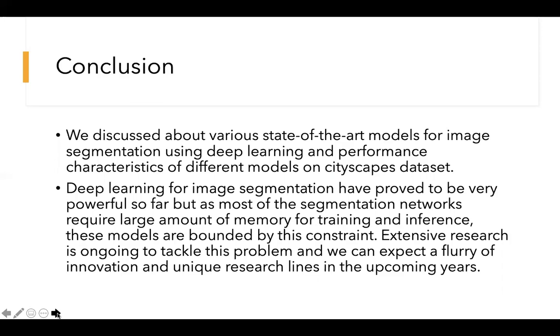The only constraint remains that it uses a large amount of memory for training and inference, and the models are therefore bounded by these constraints. Although extensive research is ongoing to tackle this problem, we can expect that in the coming few years we will have new innovations and unique research lines open.